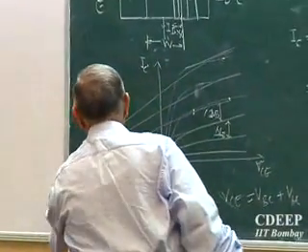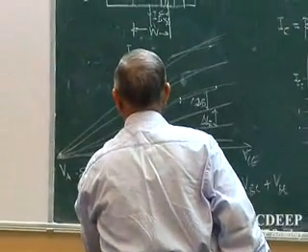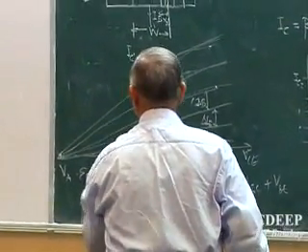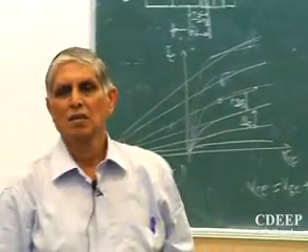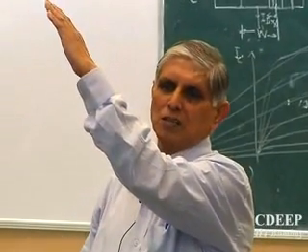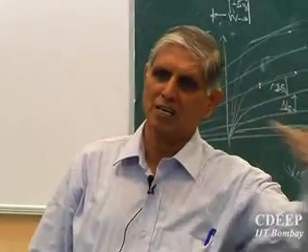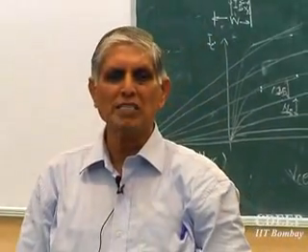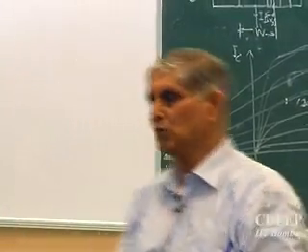This value was therefore named the Early voltage. Is it clear? If I extrapolate the IC-VC characteristics for every IB backwards, they all meet at one value of voltage, which is called the Early voltage.